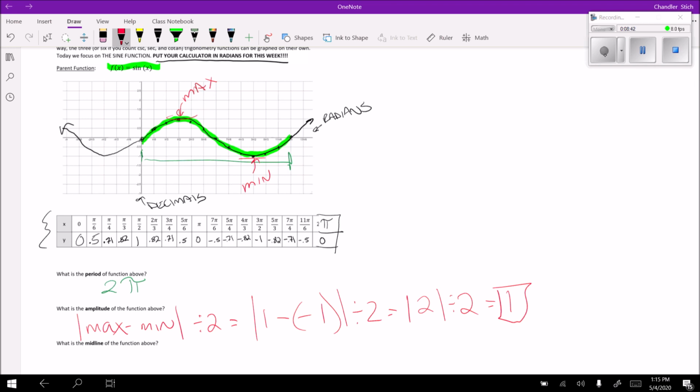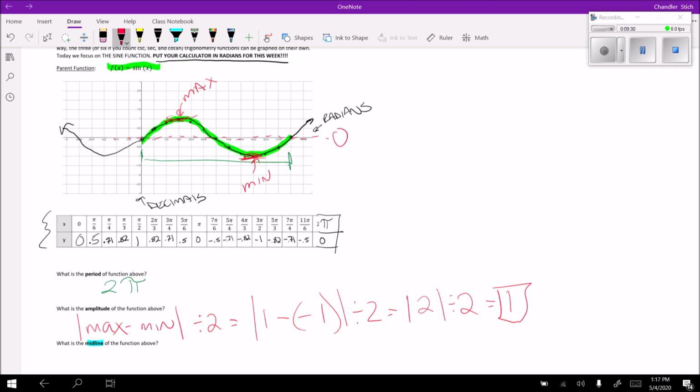The midline of this graph, remember, we have a pretty quick way of doing it. So if I want to find the midline, all I do is I look at the max and look at the min, and I find a place in the middle. My max is 1, my min is negative 1. What's in the middle? 0.